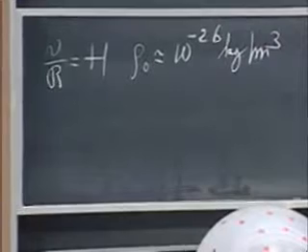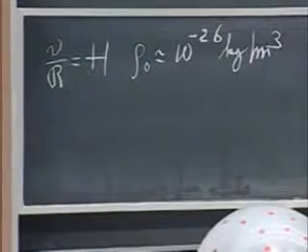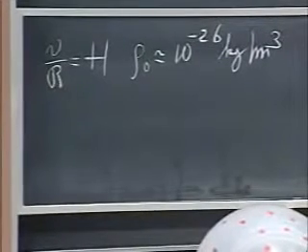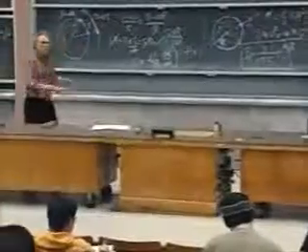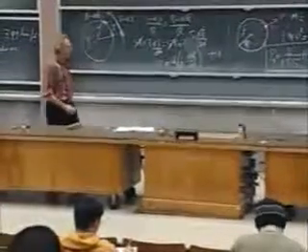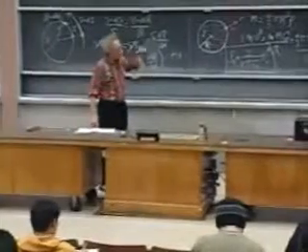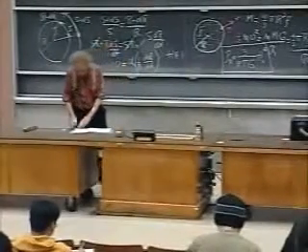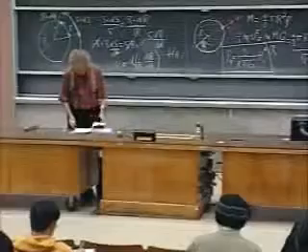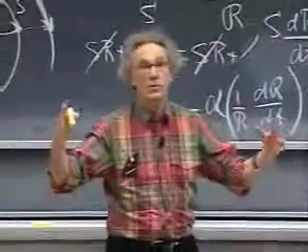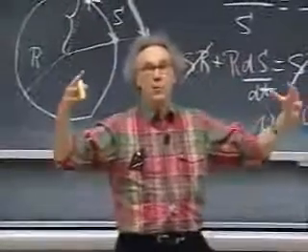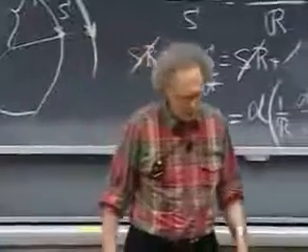And so if rho is smaller than this amount, then we will continue to expand forever. The universe would be open. If the mean density right now is larger than that amount, then the expansion will come to a halt. Redshifts will become blueshifts, and we will collapse again.